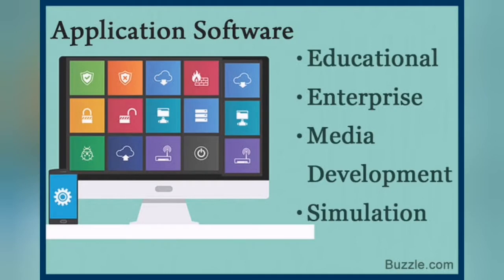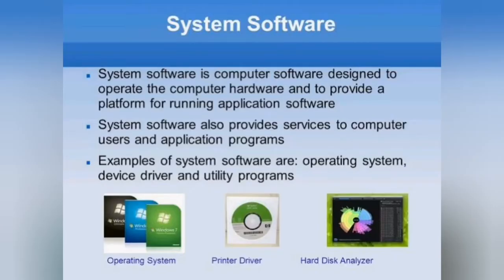It may be an educational app, enterprise app, media, or something else, whatever it may be. Based on our interest, we will download apps like video editing, audio editing, photo editing, so many apps. And system software is pre-installed and present inside the computer or the mobile, and it is useful for the operation of the system.